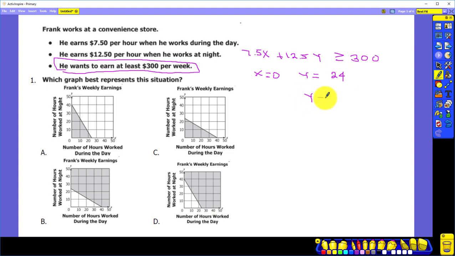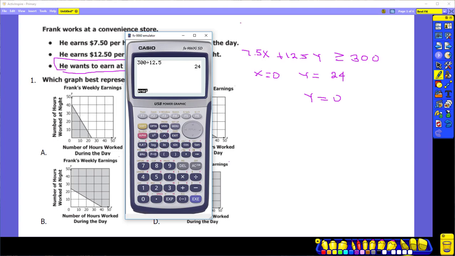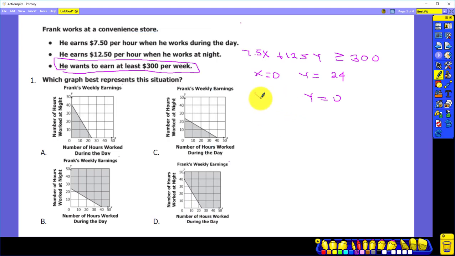Now if y is equal to 0, then to solve for x, we need to divide both sides by 7.5. So dividing both sides by 7.5, I'll get 300 divided by 7.5. I will get 40 for my x.